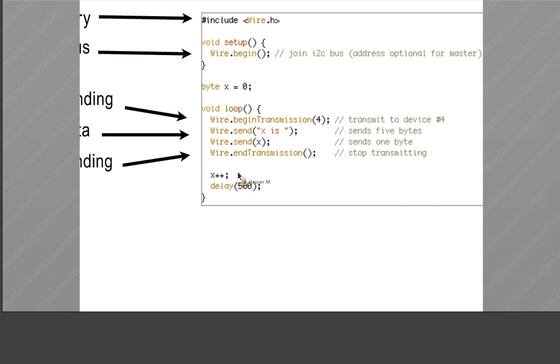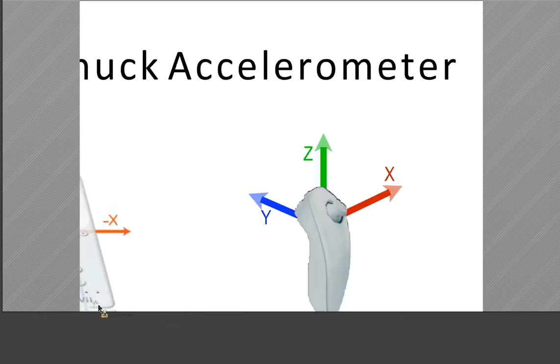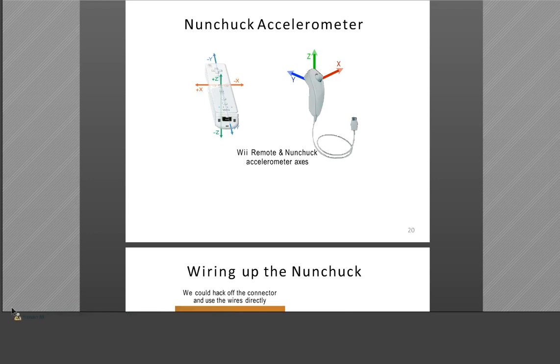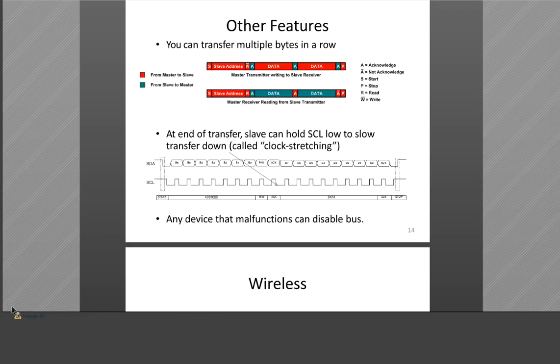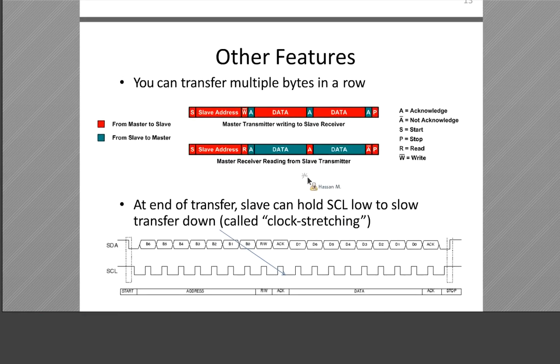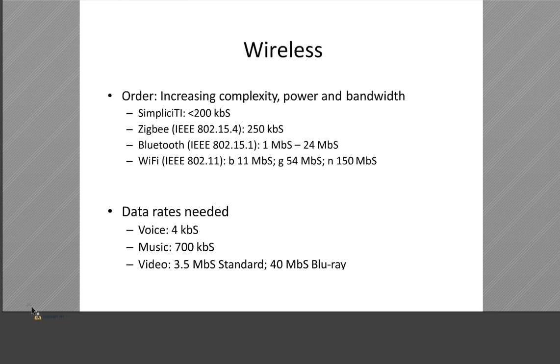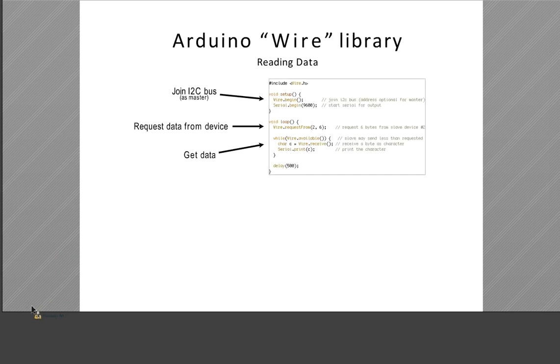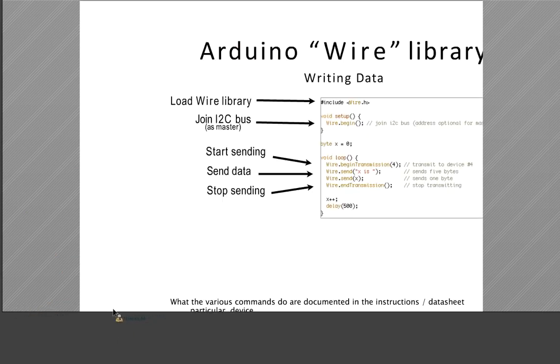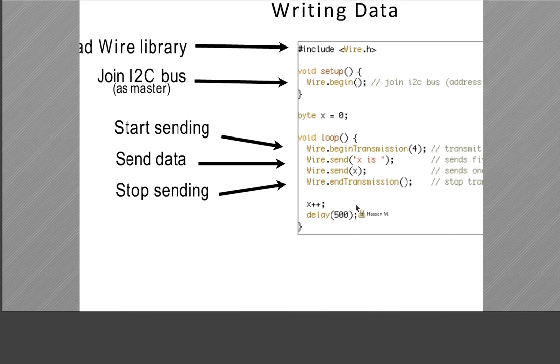Then X plus plus. Delay for half a second, and then again begin, send, end, begin, send, end, etc. As here in this slide, you can, for example, send some bytes, for example 1 byte, 2 bytes, 10 bytes, etc. But in this code we are sending 1 byte each time.